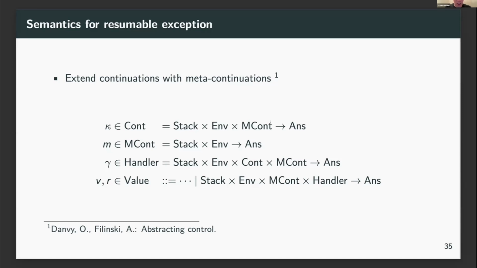This is not a new idea, but already well explored in the 90s to give semantics for delimited control operators. But here we just adopt the idea to this setting. We also define the type of handler values, which are functions taking the continuation and meta continuation too. And we need to additionally enrich the value domain to contain those resumptions.